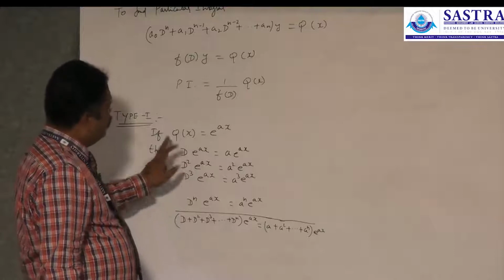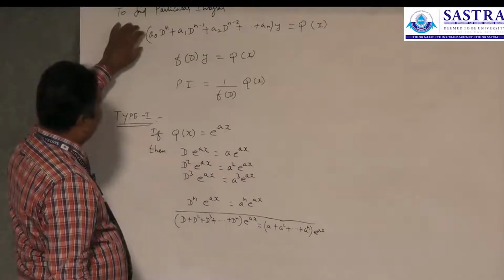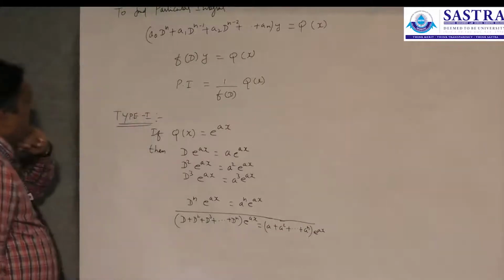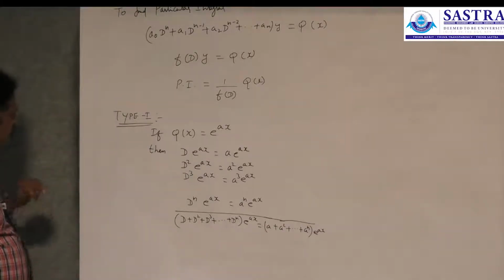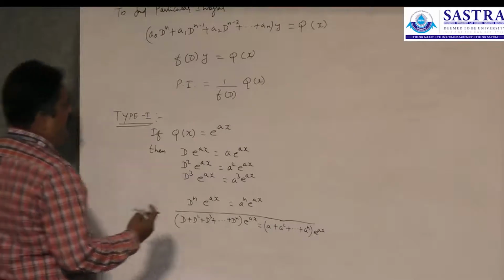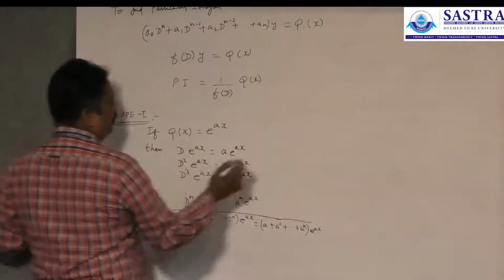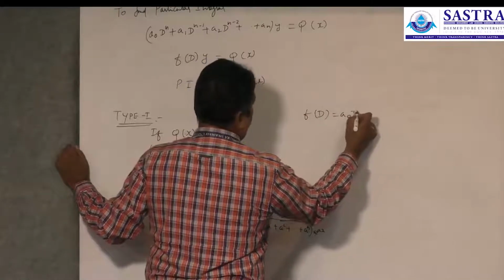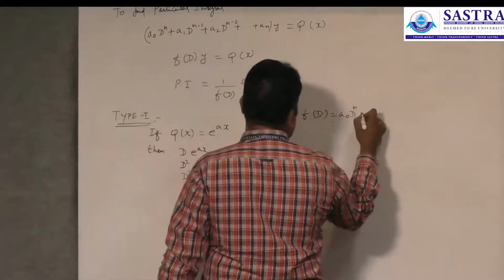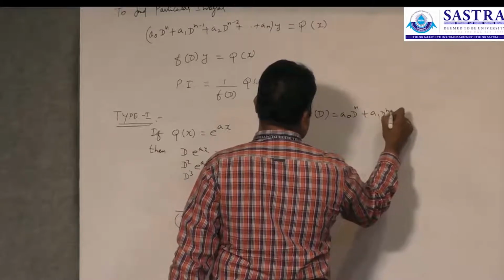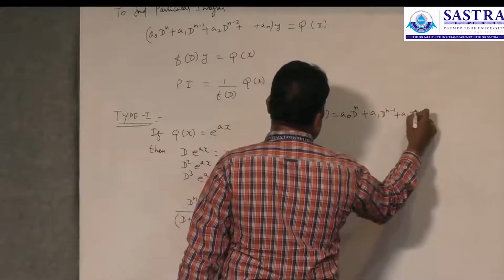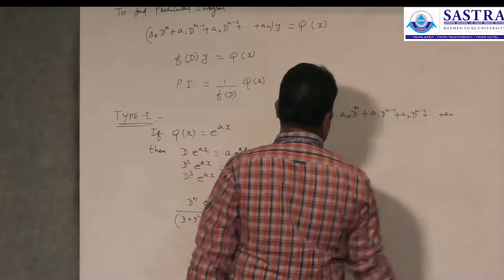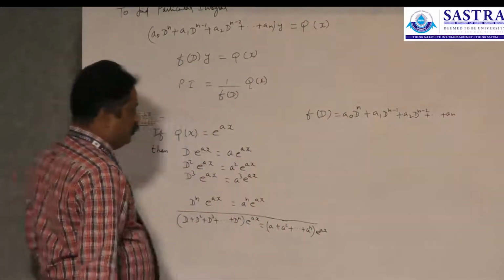But here it is a0 D^n + a1 D^(n-1) + a2 D^(n-2) and so on. What is f(D)? f(D) is a0 D^n + a1 D^(n-1) + a2 D^(n-2) + etc. up to an. Okay.